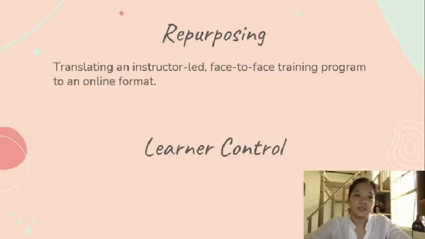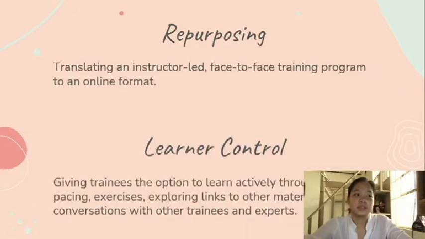The next one is learner control. As I have said earlier, this is giving trainees the option to learn actively through self-pacing, exercises, exploring links to other materials, and conversations with other trainees and experts. Simply providing learner control does not ensure that trainees will use all the features provided by online learning, like practice exercises.